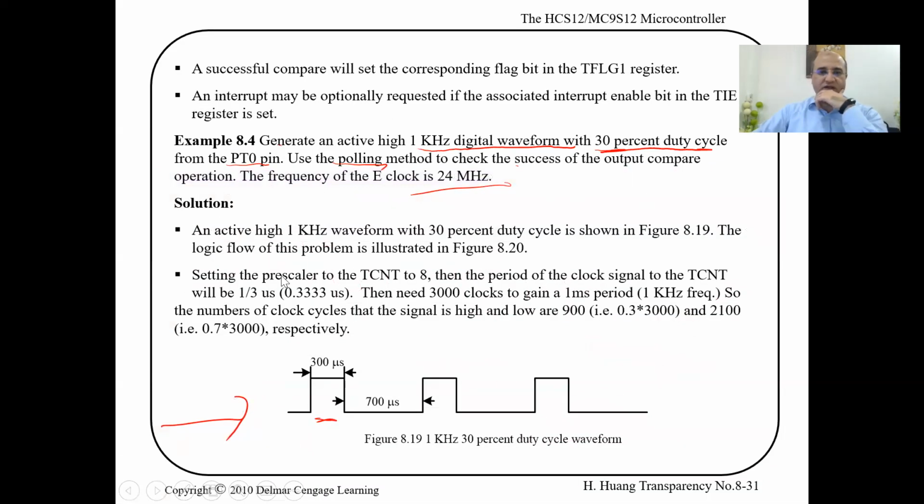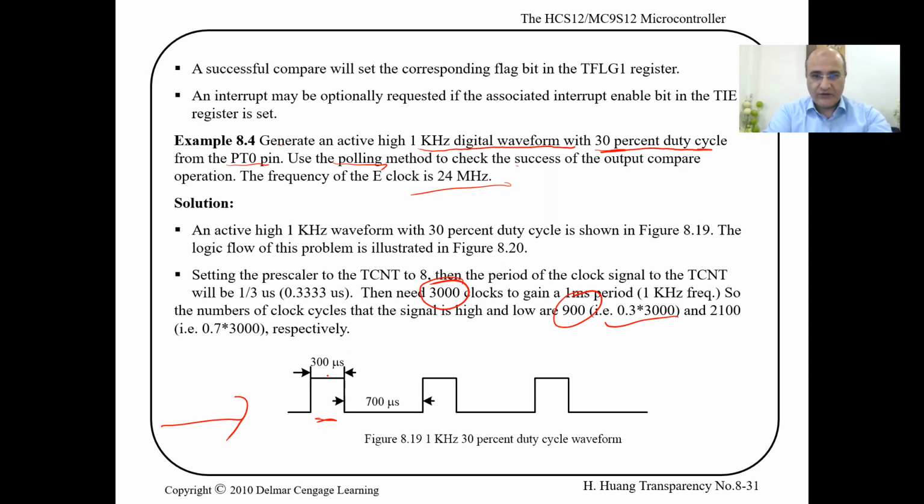So this is what they did here. You set your counter speed to 0.333 microsecond. We showed how to divide 1 millisecond over 0.333. You get 3000 counts, right? And 30% of them is 900.